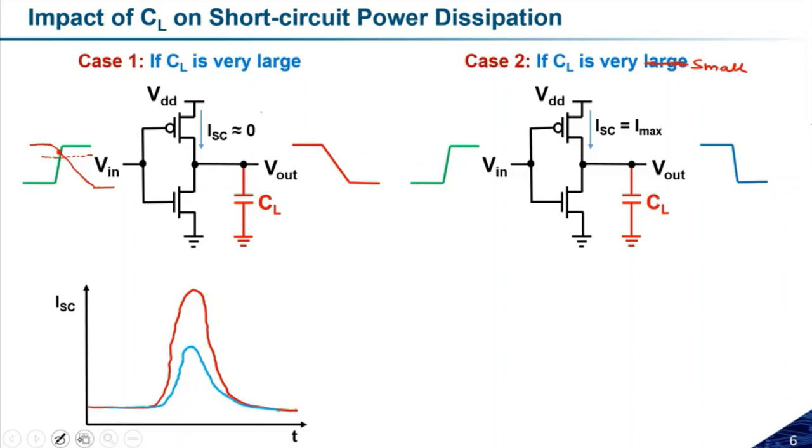One curve is this one, second curve is this one, and the third curve is something like this one. So can anyone tell which of the graphs has a larger load capacitance and which has a smaller load capacitance?